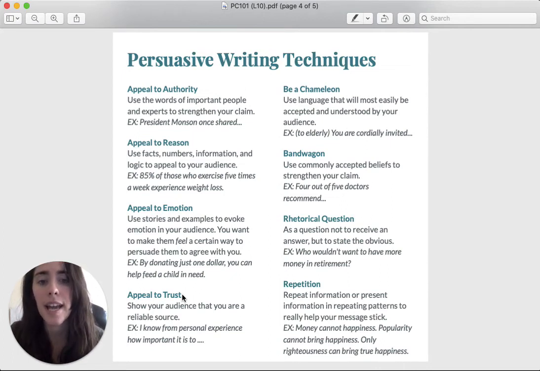Popularity cannot bring happiness. Only righteousness can bring true happiness. And as you build that pattern for yourself, your audience will come to recognize it, and it's almost like a hammer. It just drills the thought again and again and again until you get to that really important part, the claim, the point that you want to really drive in.